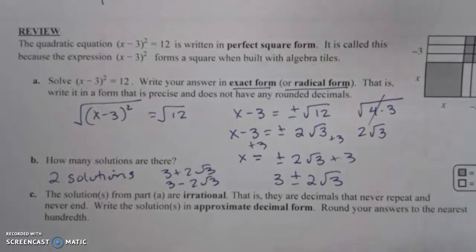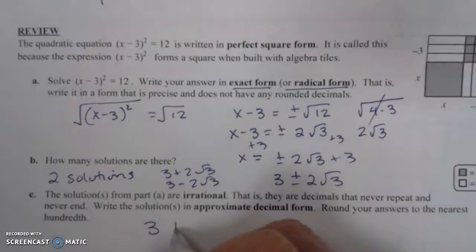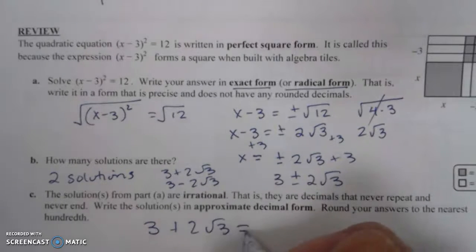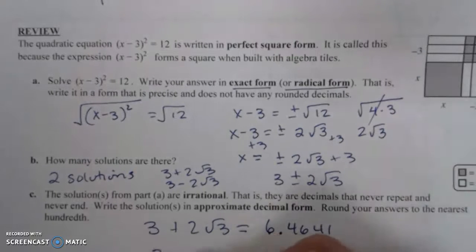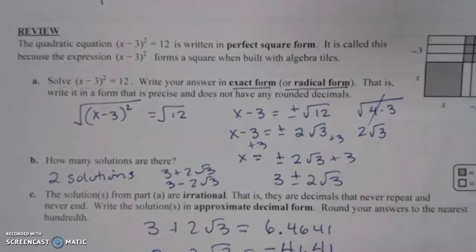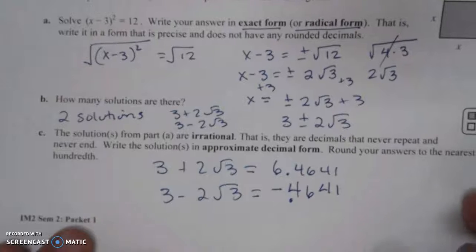And what is their approximate decimal form? Well, I'm going to type that into the calculator. You can go to Desmos, and you're going to get 3 plus 2 radical 3 equals 6.4641, and 3 minus 2 radical 3 equals negative 0.4641. Okay, it's kind of interesting that they're very similar, right? So 2 different answers. All right, let's look at the next page.